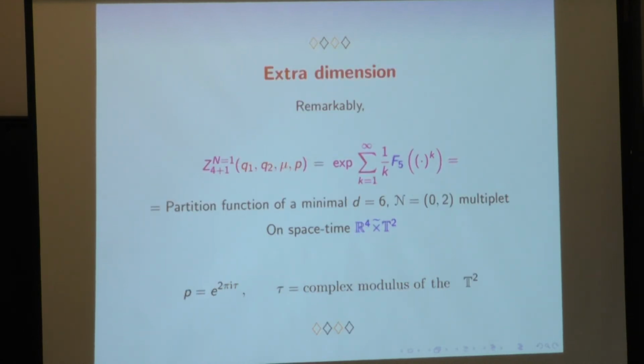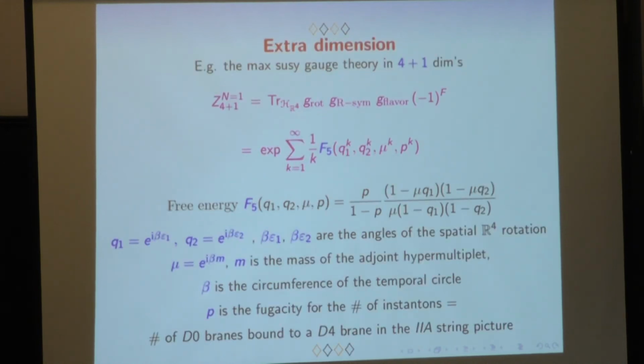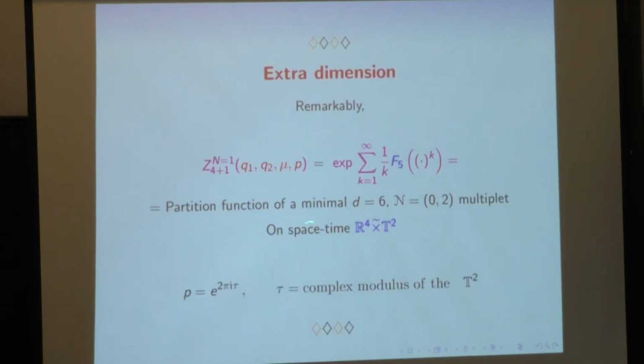And now the miracle is that that very function, even though we got it in doing the 4+1 dimensional computation, coincides with the partition function of a tensor multiplet of a 6-dimensional (0,2) supersymmetric theory compactified on a 6-dimensional spacetime of the form R4 fibered over a two-dimensional torus.